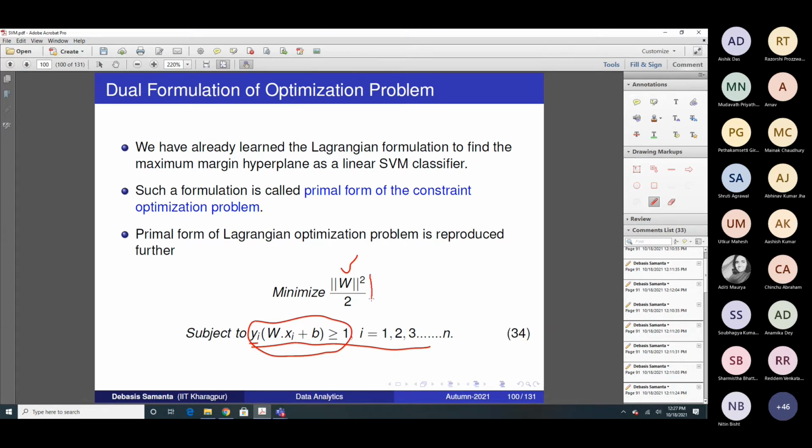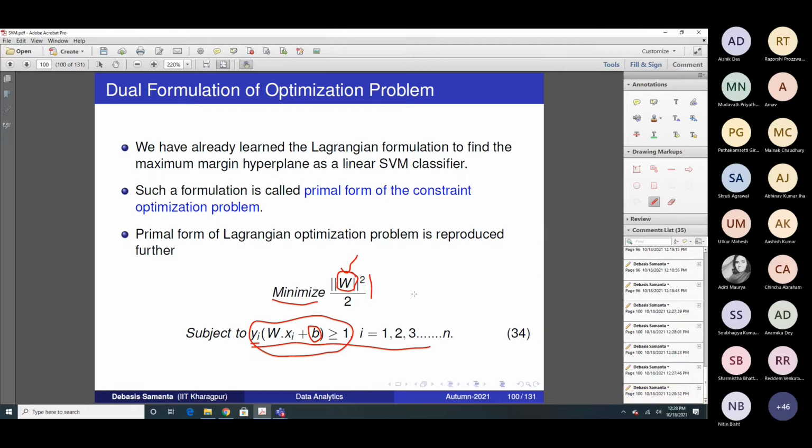This is the objective function, and we have to minimize it because it is actually the margin gap between the two boundaries. So minimize this subject to these constraints, and the minimization can be obtained by knowing the unknown values in W. And there is also another unknown parameter b to be learned. So this is the model, and for this model we have to learn the unknown model parameters W and b, and this is the objective function.